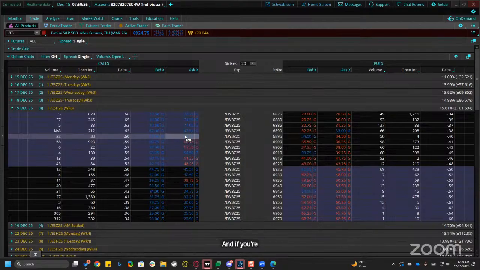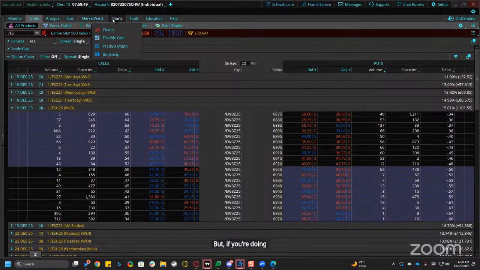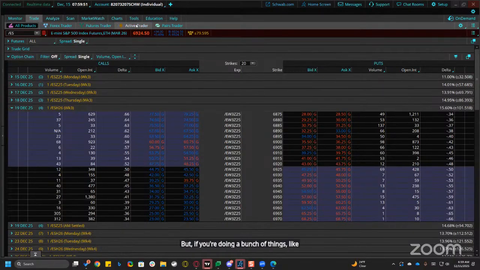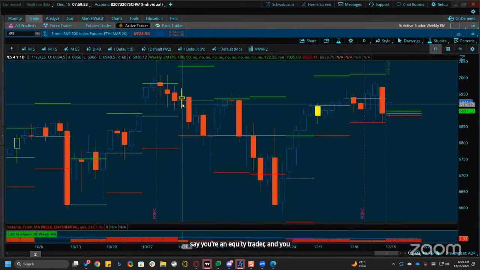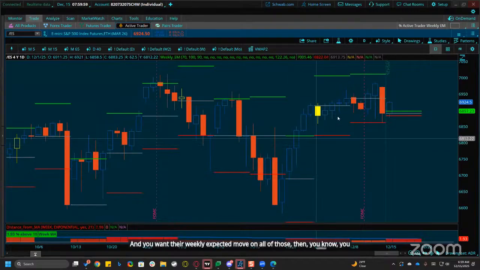And if you're only doing one market like the SPX or the ES, the NASDAQ, you can just hand draw those and it'll be way more accurate since we can't actually code anything that gets this data. But if you're doing a bunch of things, like say you're an equity trader and you've got a whole watch list of stocks and you want their weekly expected move on all of those, then you really need an indicator.